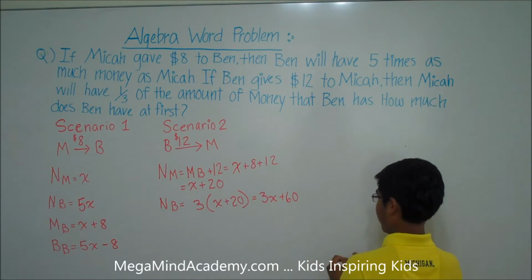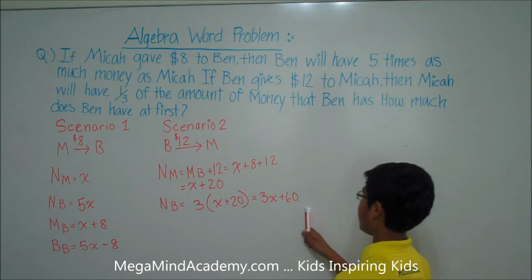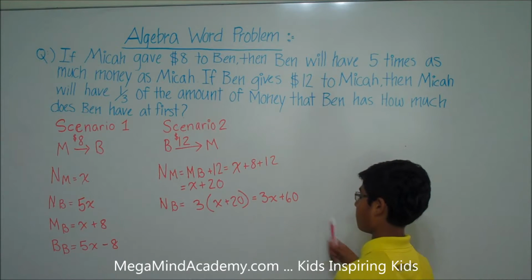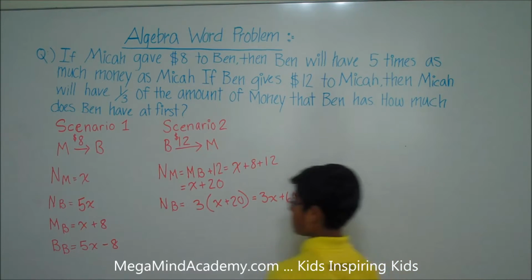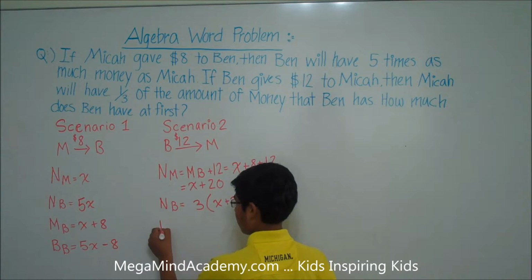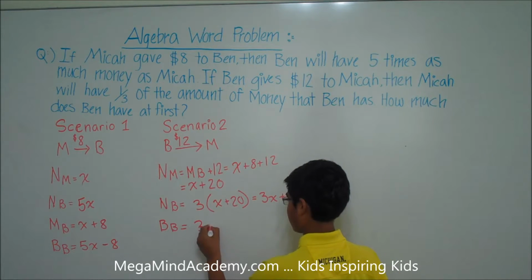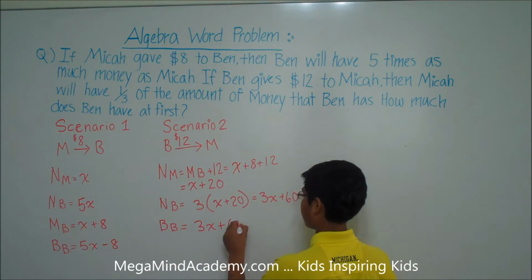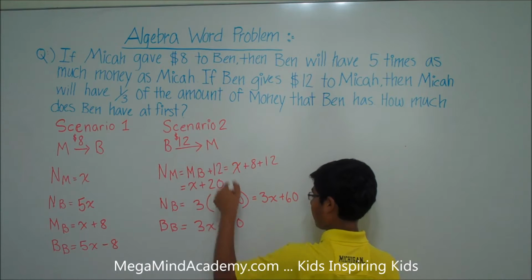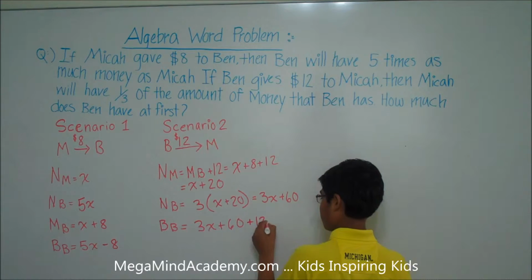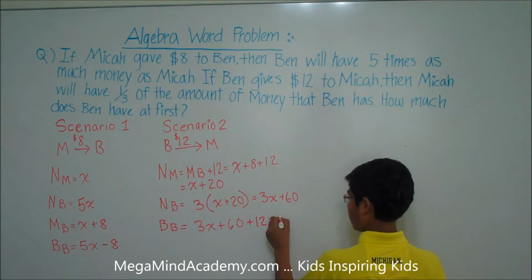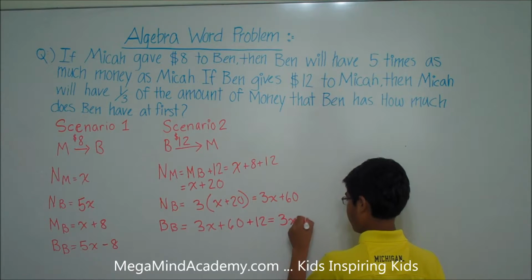Now Ben before, in scenario 2, would be equal to 3X plus 60 plus the $12 he gave Micah, which is equal to 3X plus 72.